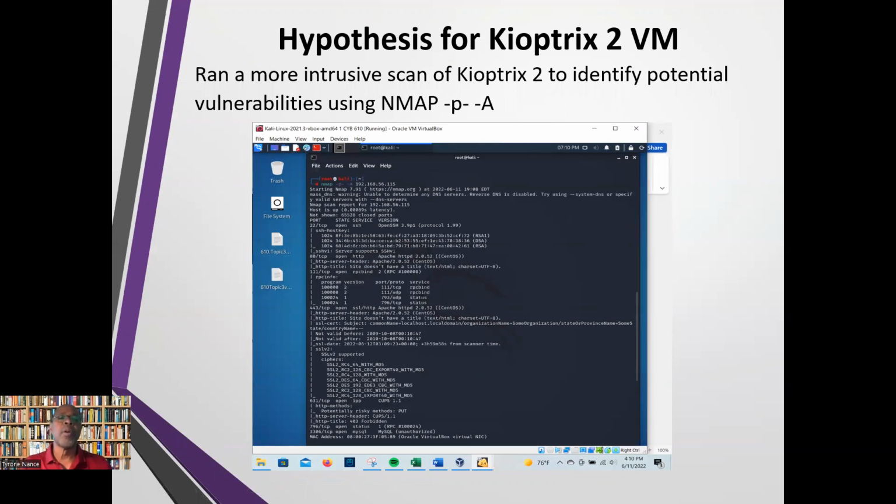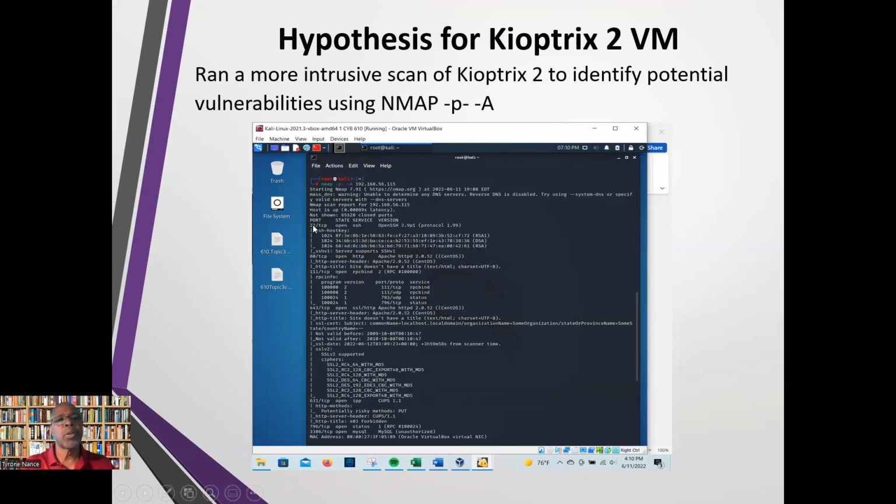I also knew from some research that the Chi-Optics 2 machine is known to have lots of vulnerabilities. And so what I did was to conduct a more intrusive scan using the nmap lowercase p switch and capital A switch. And with this, I was able to enumerate the box and identify some of the ports and vulnerable services that are around.